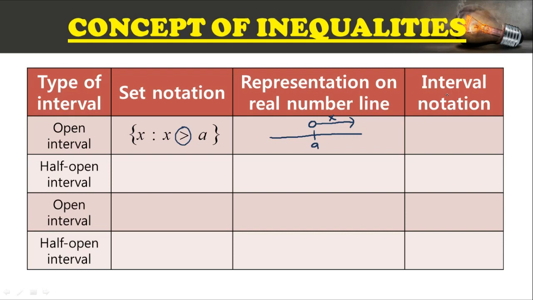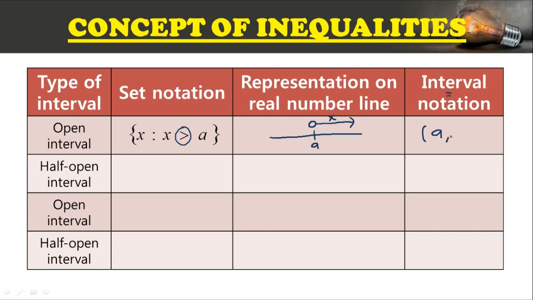Okay, next, how to write interval notation for this one? Okay, since we start with A, so start with A. We have empty circle, right? So bila empty, maksudnya partner dia apa? Partner dia open bracket. Okay, comma. And then until what? Bila interval dia mesti dari mana ke mana?